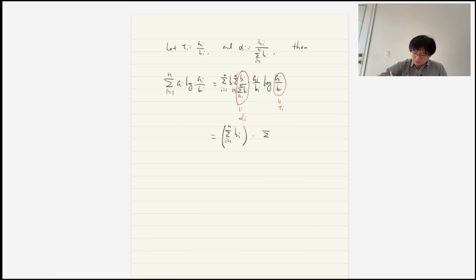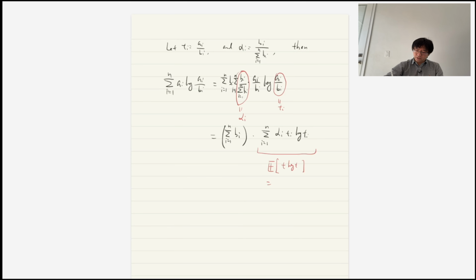Now we have this summation from 1 to n of alpha_i times t_i log t_i. Clearly this term is nothing but the expectation of t log t.